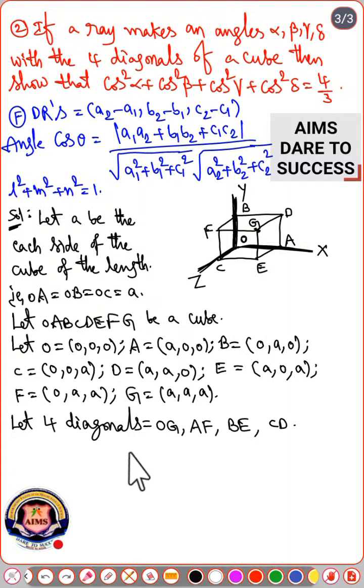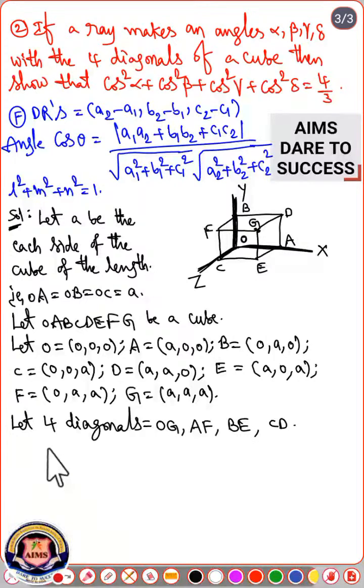In the previous question we did only 2 diagonals' direction ratios, but here there are 4 diagonals. So the direction ratios of OG: the O values are all equal to 0 and G values are all equal to a.